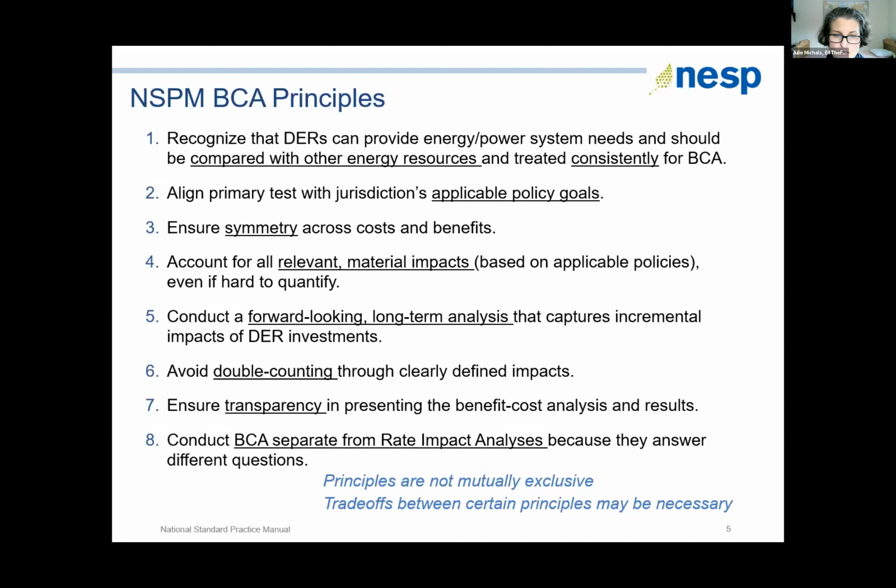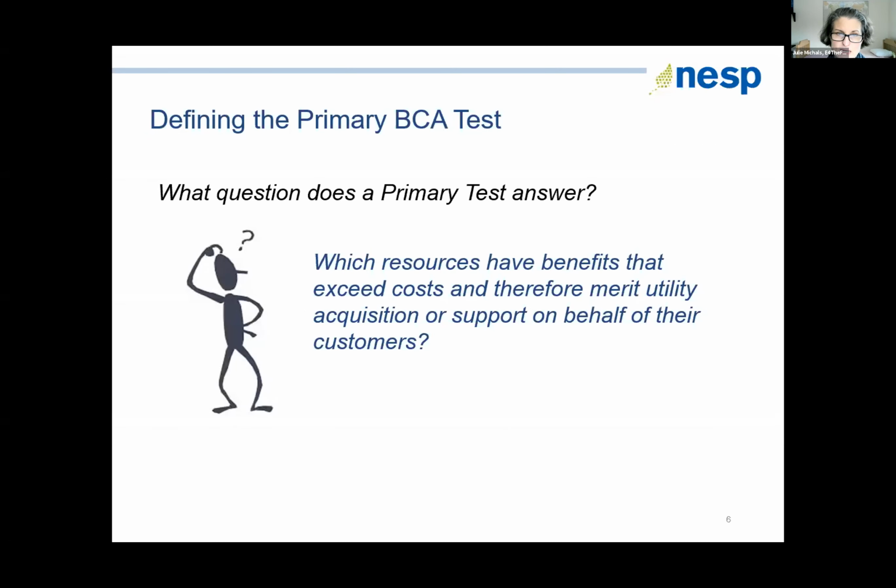And Tim will be going into some depth today on the importance of separating benefit cost analyses from rate impact analyses on the basis that they answer different questions. Now, these principles are not mutually exclusive, and it may be necessary that trade-offs are made. And I think we'll get nuances and flavors of that today.